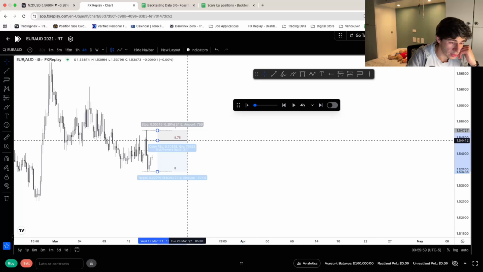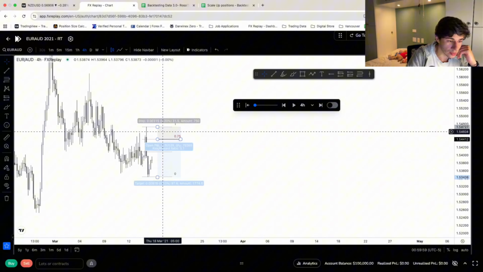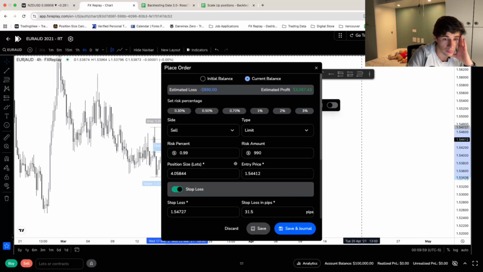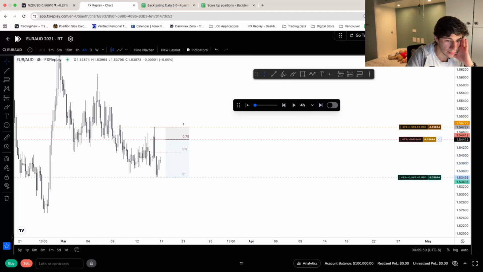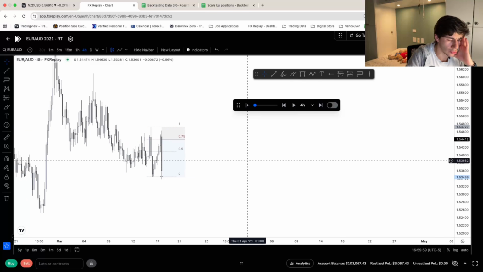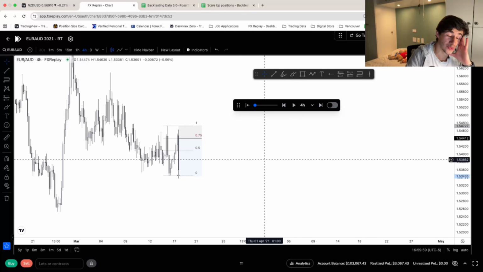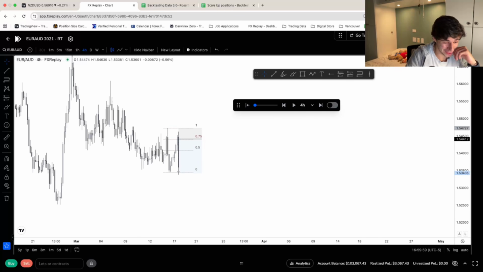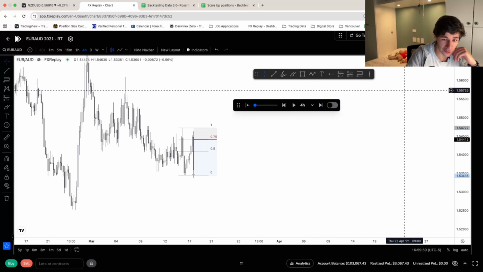All my rules are in place, a little bit more aggressive than I usually like to take trades, but why not, right? Holy shit. It was a fucking beautiful trade.